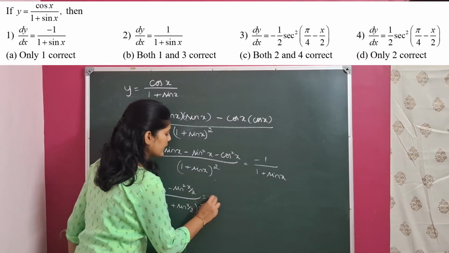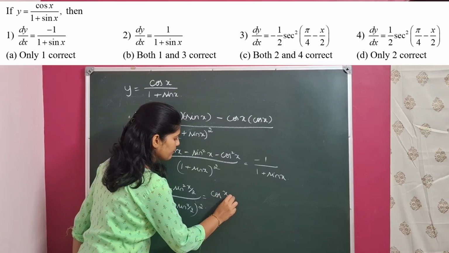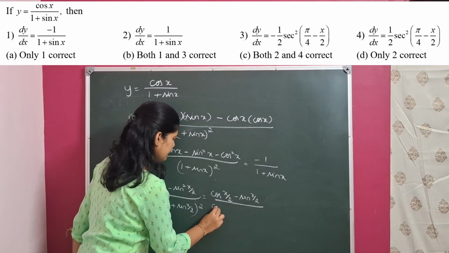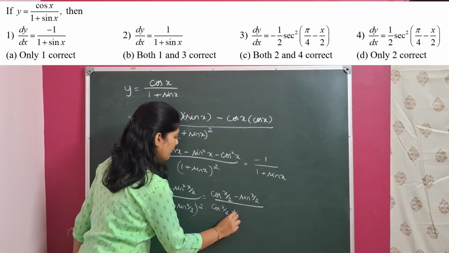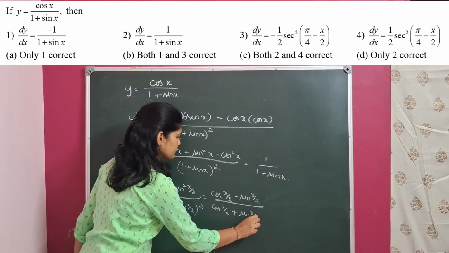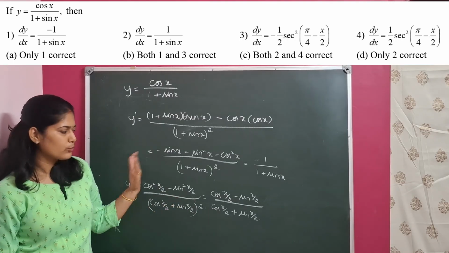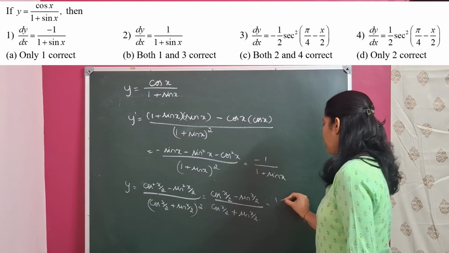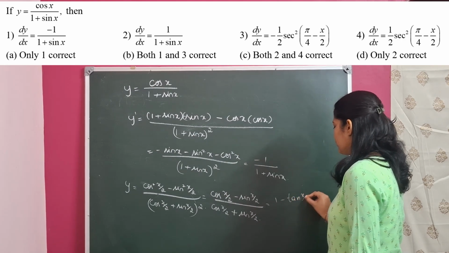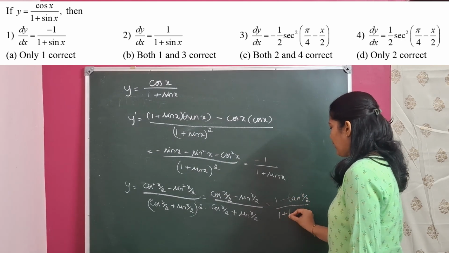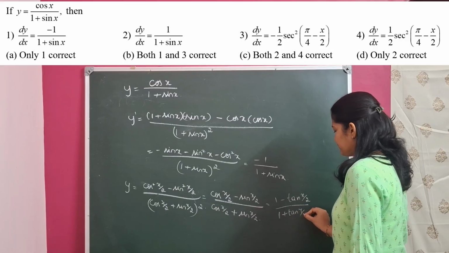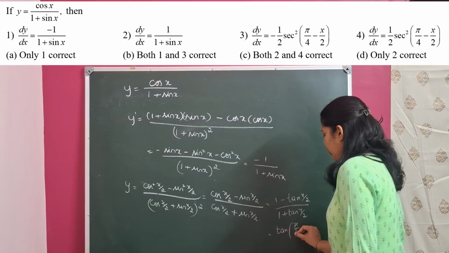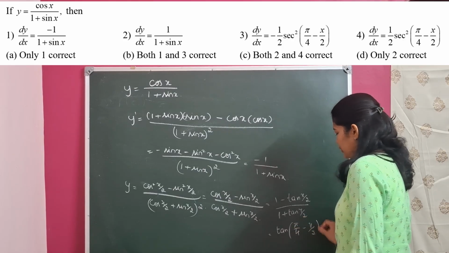So one of the terms will get cancelled. We are left with cos x by 2 minus sin x by 2 whole divided by cos x by 2 plus sin x by 2. If we divide by cos x by 2 to both numerator and denominator, it is converted into 1 minus tan x by 2 whole divided by 1 plus tan x by 2, which is nothing but tan of pi by 4 minus x by 2.